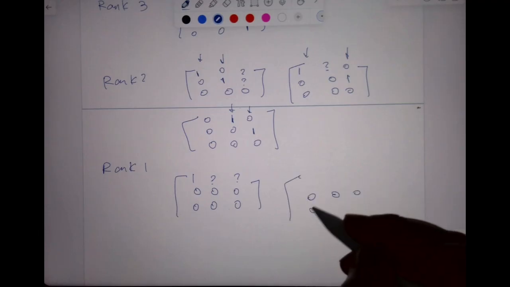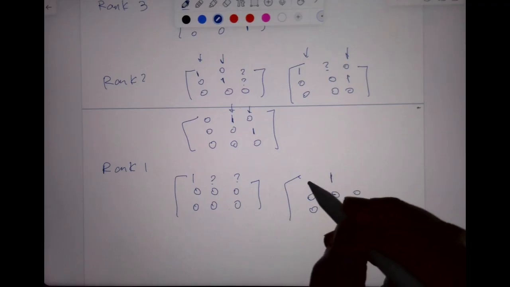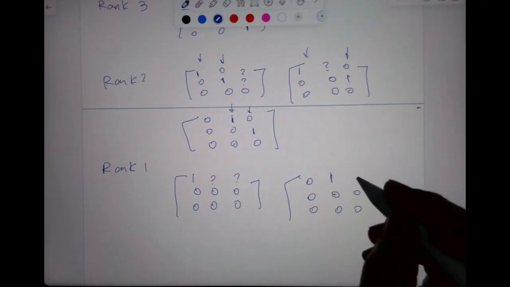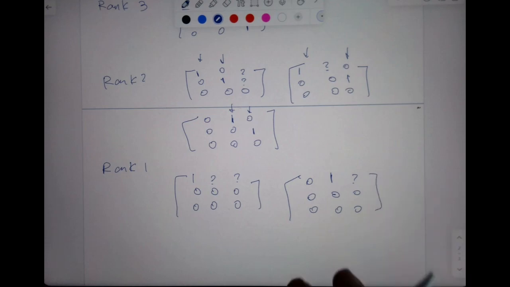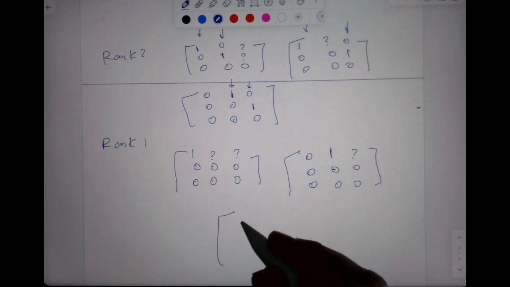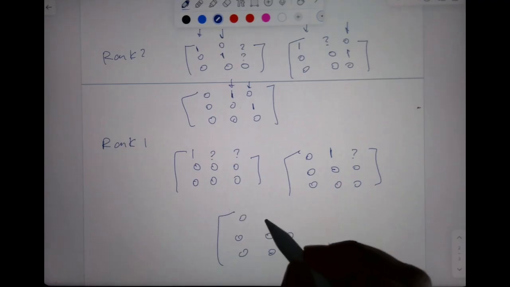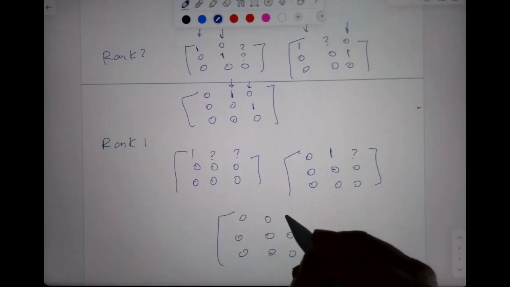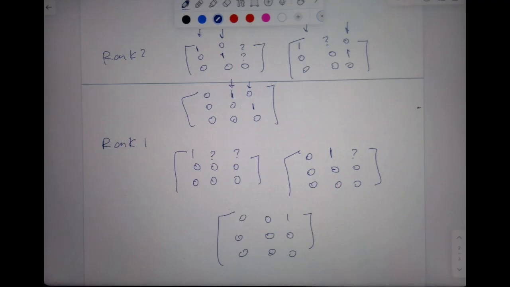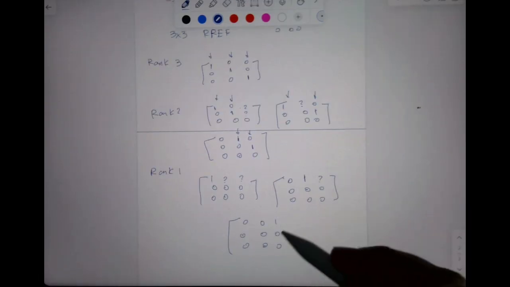Or I can have a leading one here, which I know 0 has to be here, but I don't know what's happening there. And then the last way that I can have it is the last column. So I will have 0, 0, 1. And that's all given.